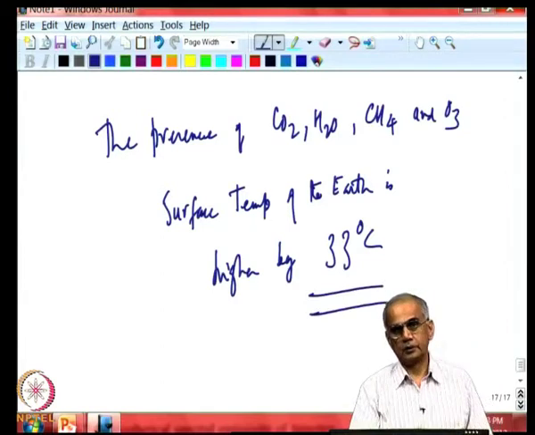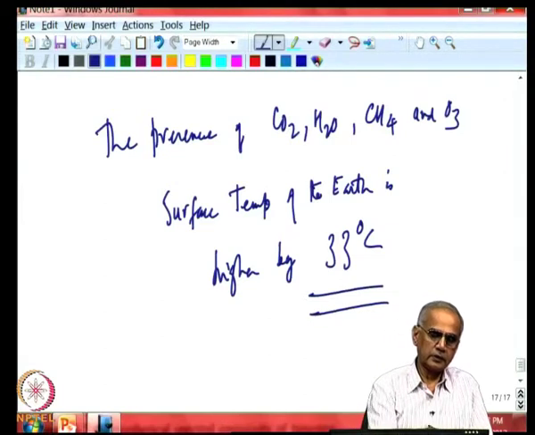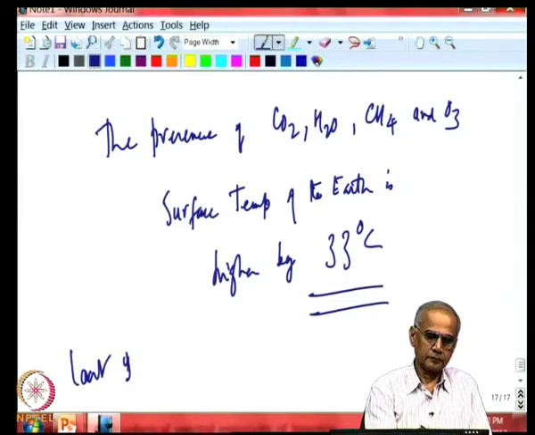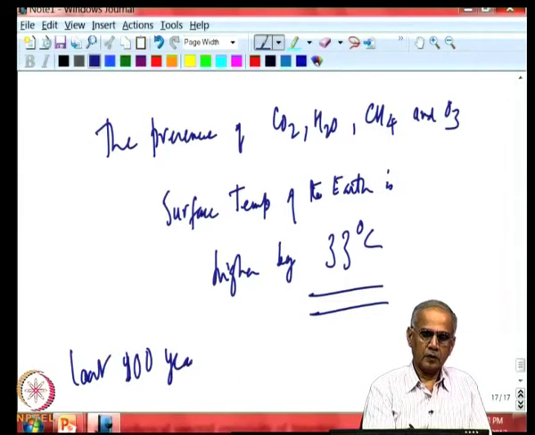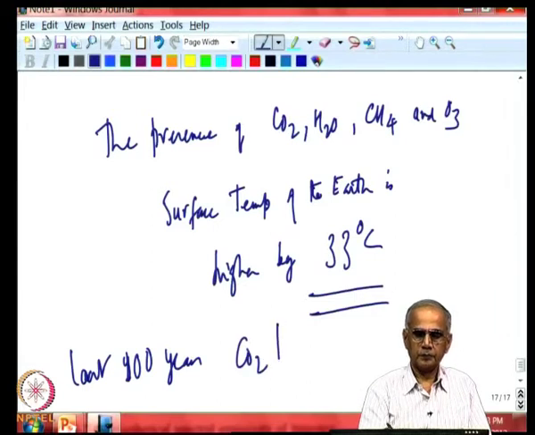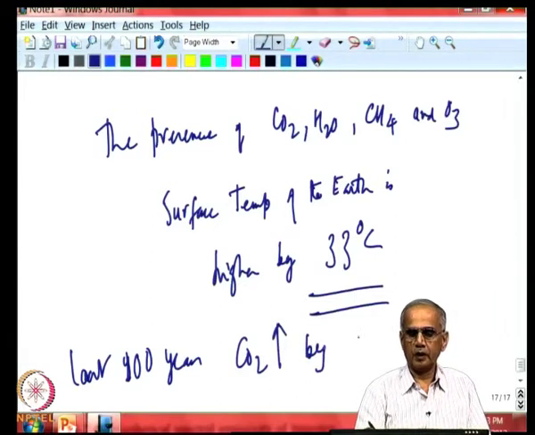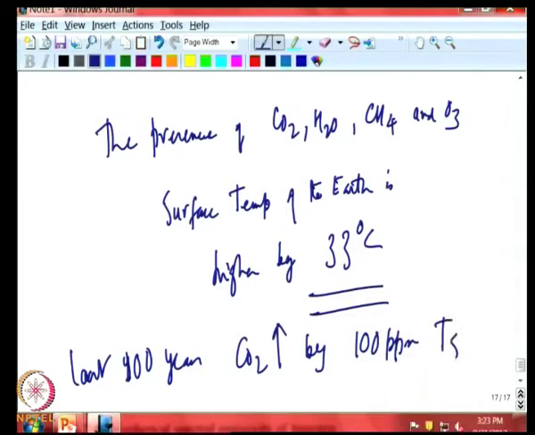So, this is a huge warming that has occurred on Earth due to naturally occurring gases like carbon dioxide, water vapor and methane, but over the last 100 years, we have increased CO2 by around 100 ppm, and this has increased the temperature by around 0.7 degree centigrade.